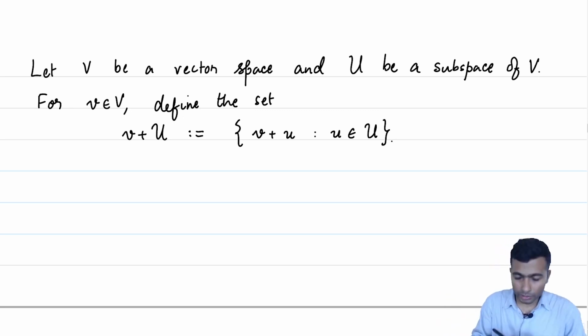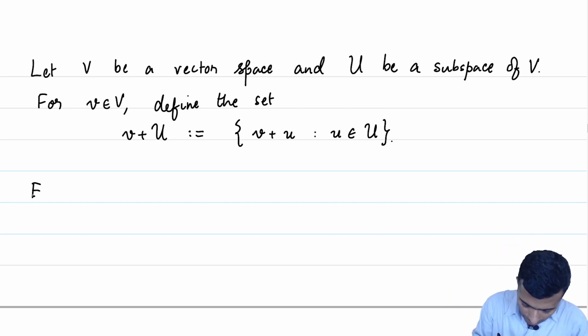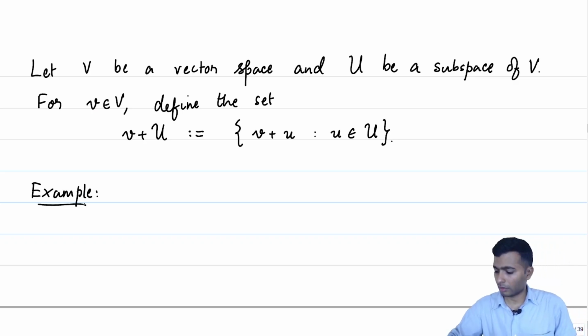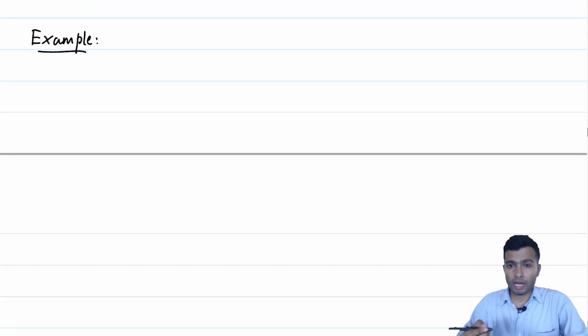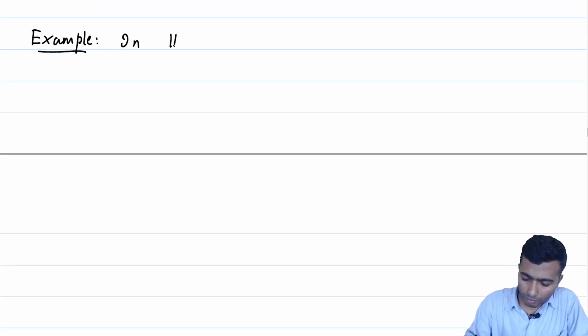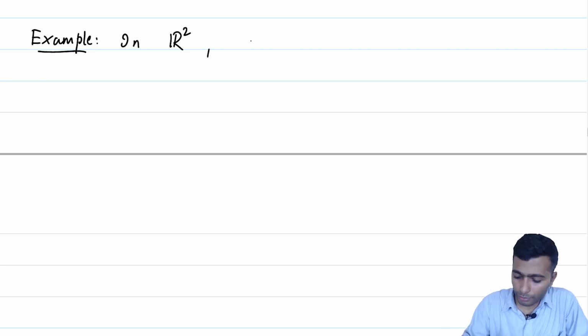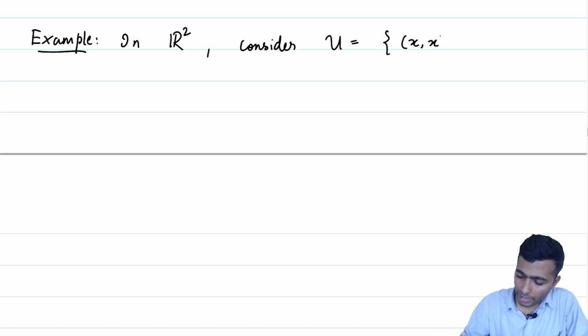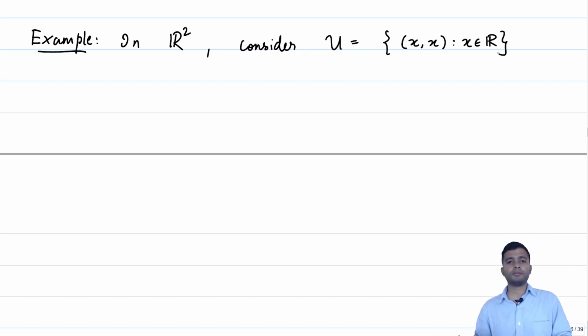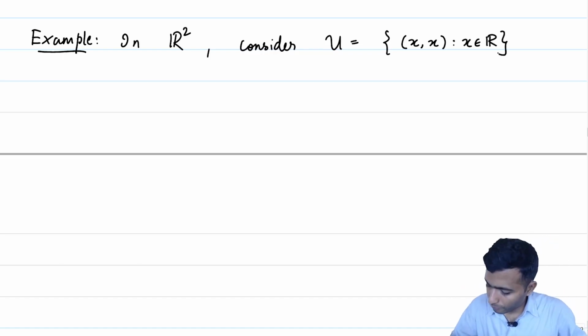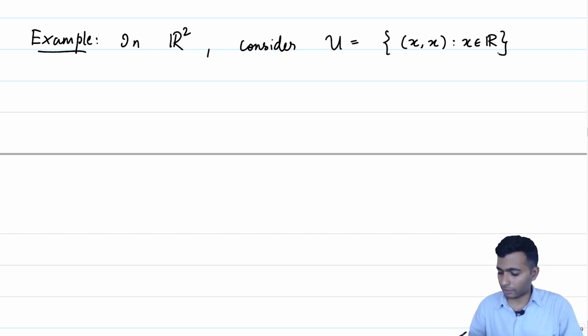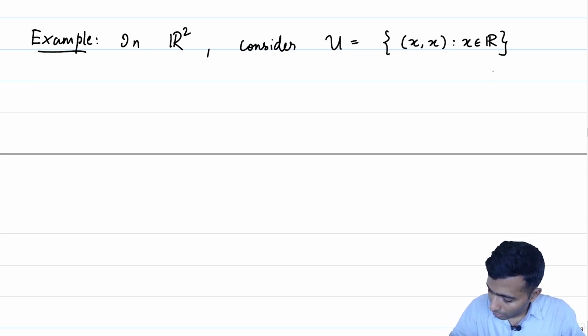So let us look at an example to understand what we have just done. Let us look at R2. In R2, consider U to be this subspace, which is x comma x, where x belongs to R. So let me just draw it for you in the Cartesian coordinates, which you will be familiar from high school.